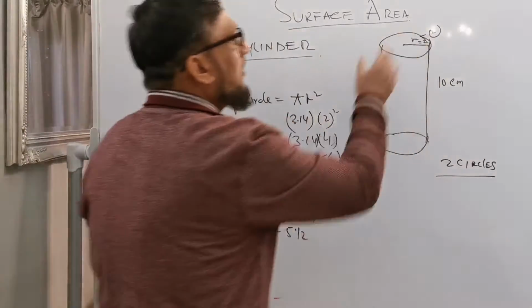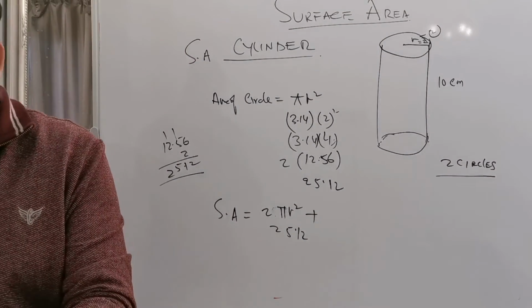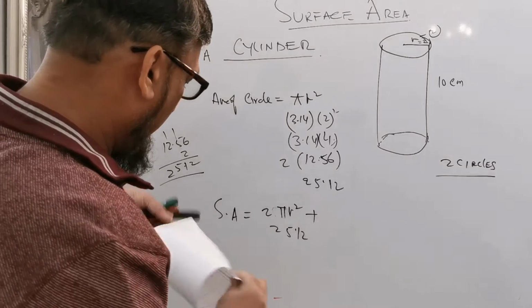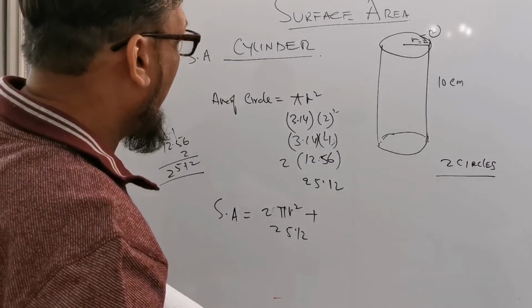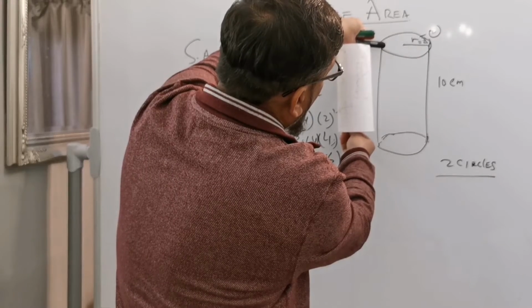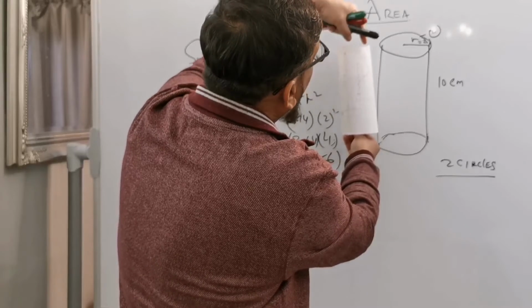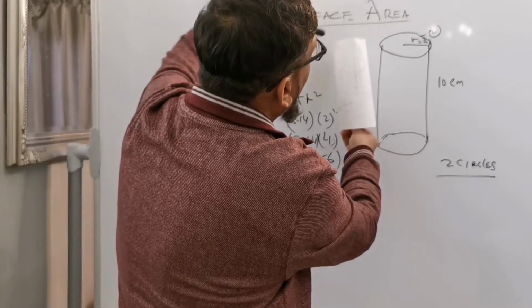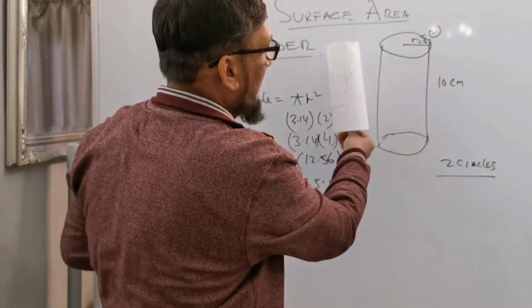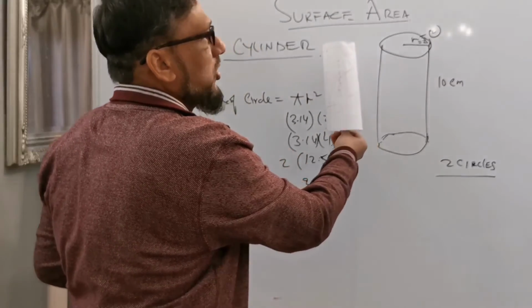the area for this height. It looks like that. If I go for the area of the cylinder's side, look at this one. The height is 10, which we know, and this is the circumference, or we can say the perimeter of circle, which we don't know.